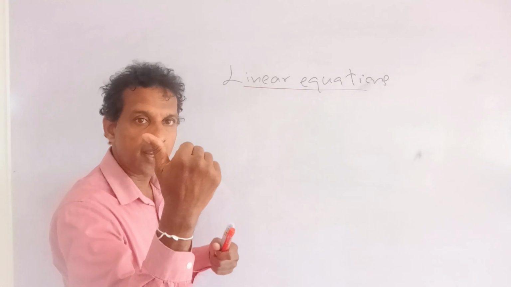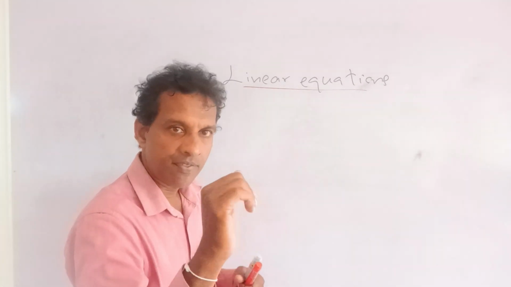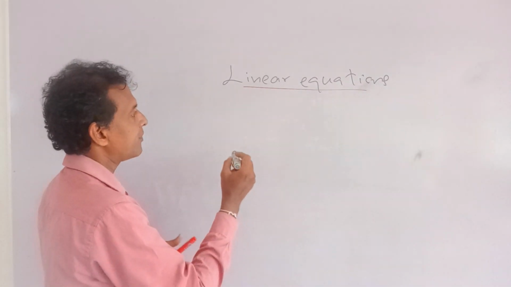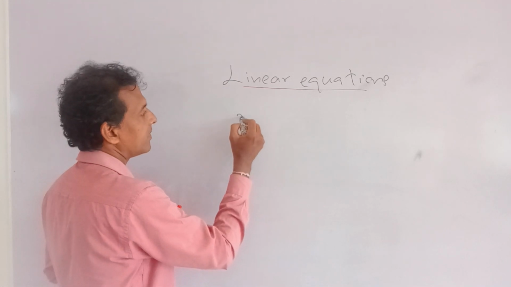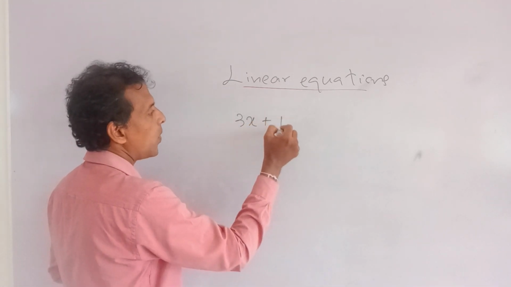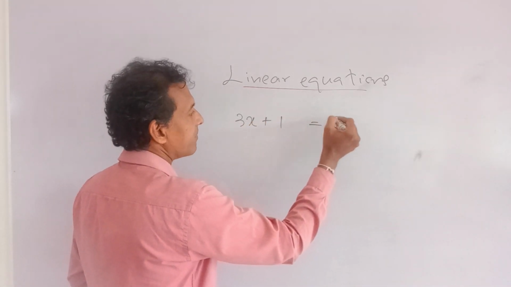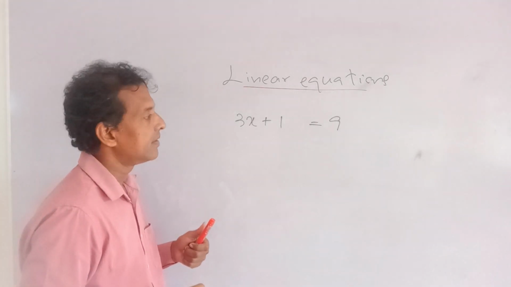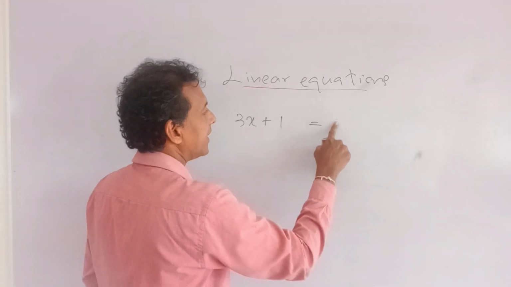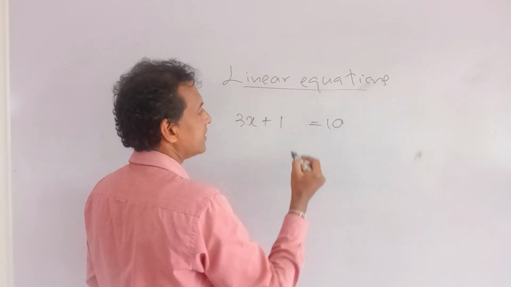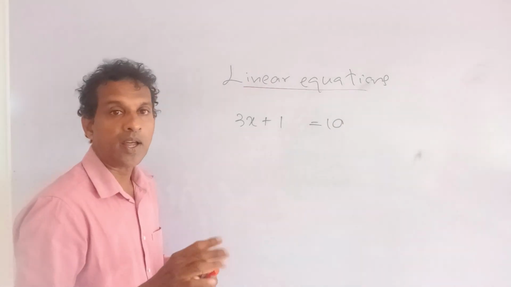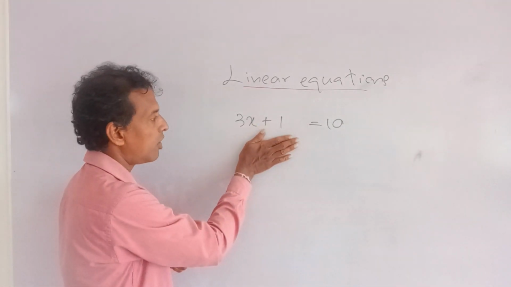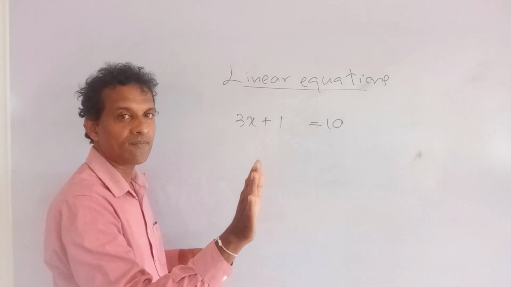So get this from the beginning, and you will solve any type of equation. See the example. Say 3x plus 1 equals, say, 9, right? Okay, I will take 10 here, so that you will get the same answer. Right, now solve 3x plus 1 equals 10.